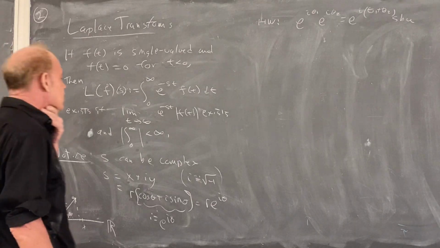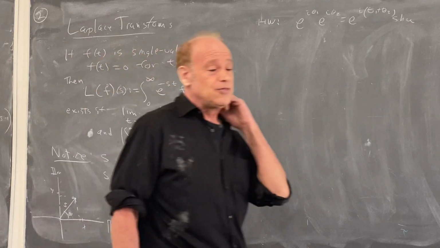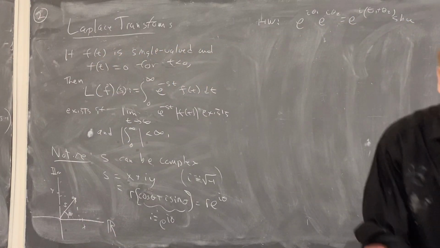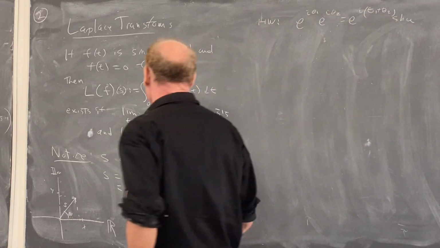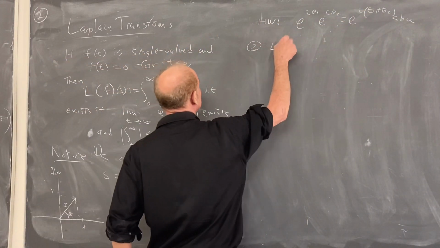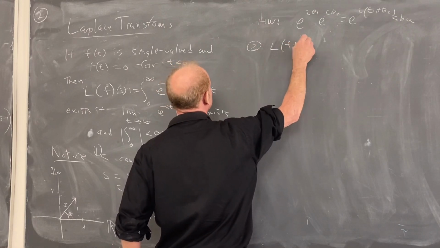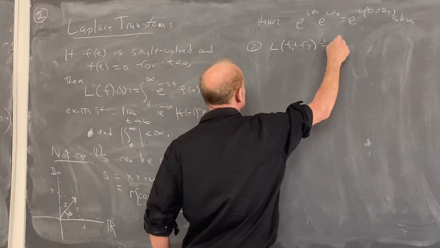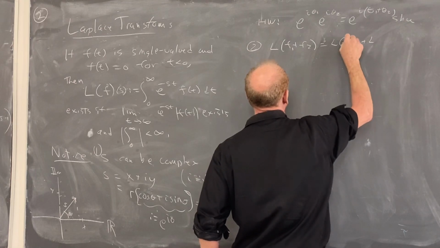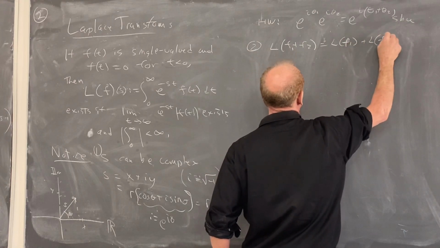Okay, so that's one thing to notice. The next thing to notice is the Laplace transform is linear. So the Laplace transform of f1 plus f2 is equal to the Laplace transform of f1 plus the Laplace transform of f2.